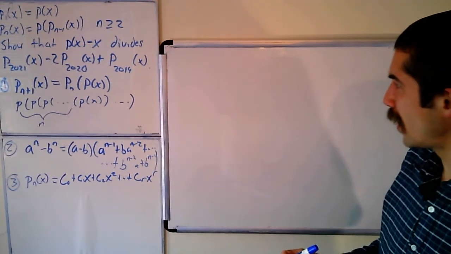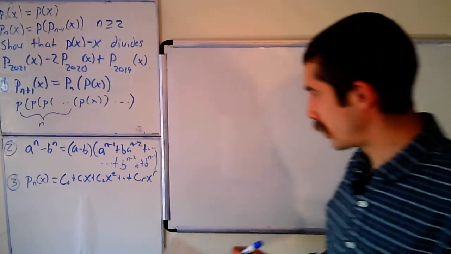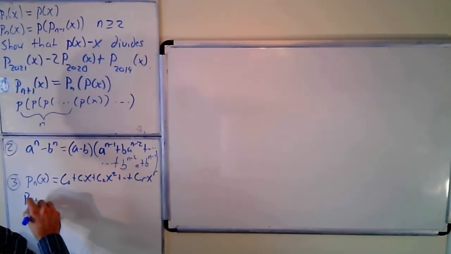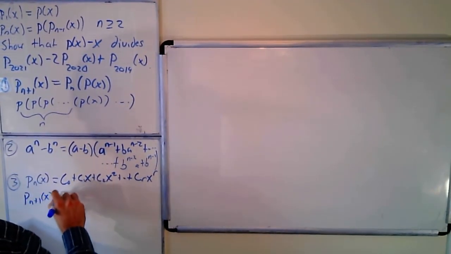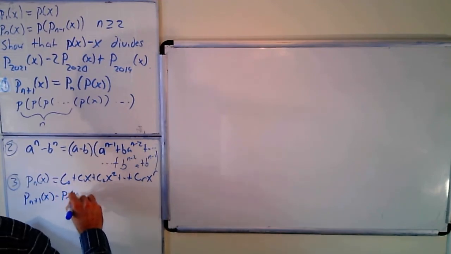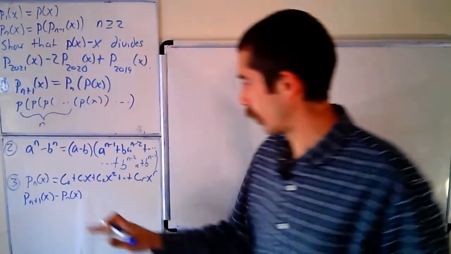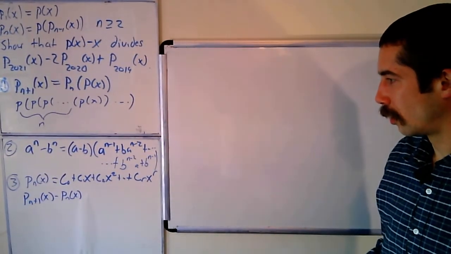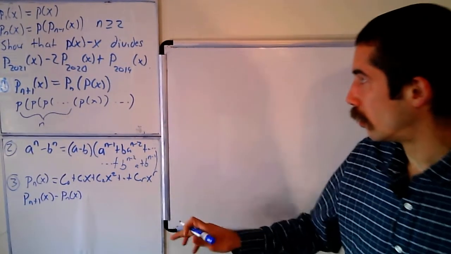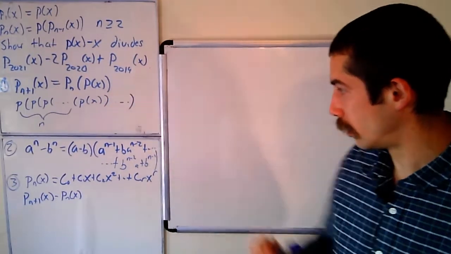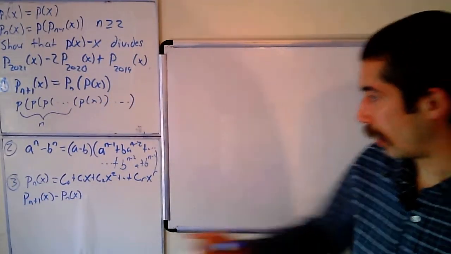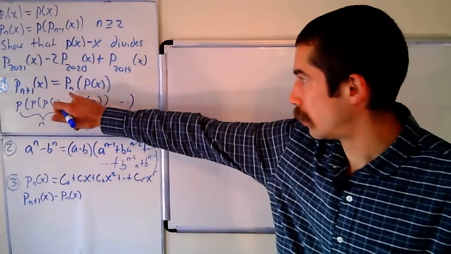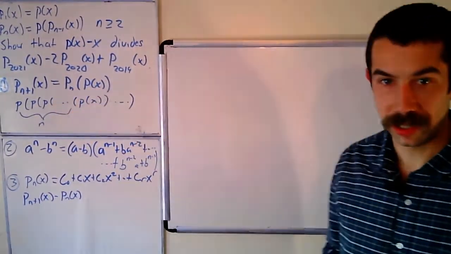And what we're going to consider is p sub n plus 1 of x minus p sub n of x. Okay, so consider this polynomial. Well, we know from 1 that p sub n plus 1 of x is equal to p of n composed with p of x.